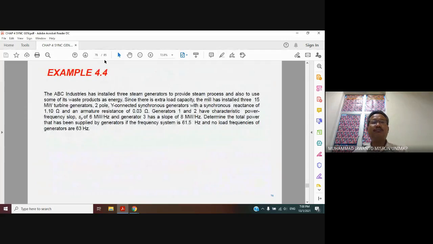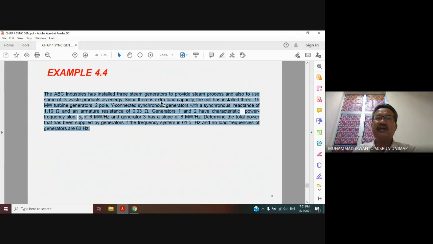Okay, and then example 4.4. The ABC Industries have installed 3 steam generators to provide steam for the process and also to use some of its waste products as energy.